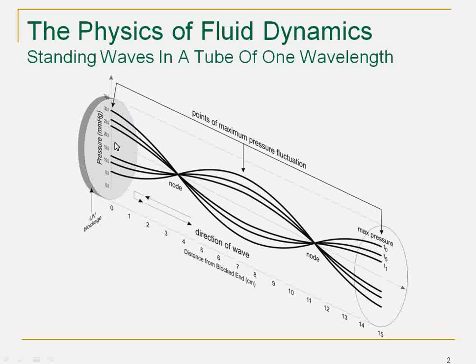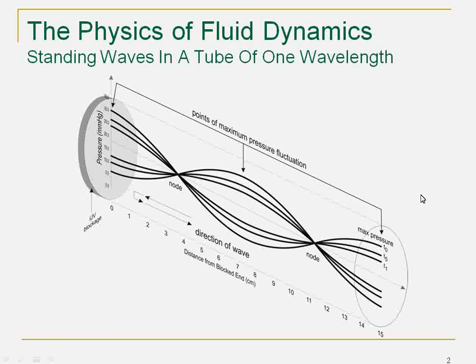That's the same pulse being reflected back, and then it combines in a way that creates relatively low pressure nodes and then regions of vast fluctuations in pressure, where these pressures can be almost double those in a one-way travel wave, which would travel in an open tube.